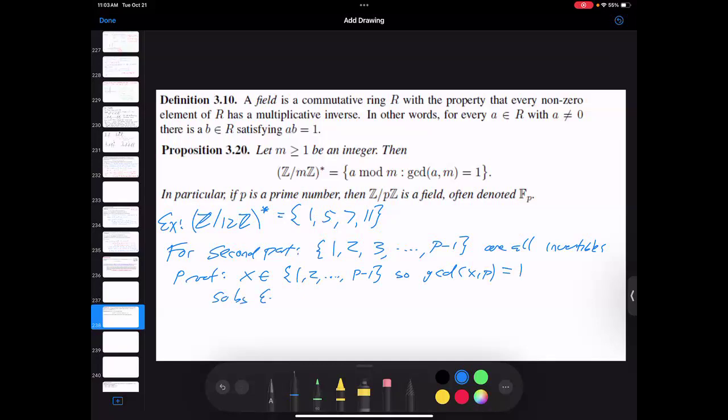So by the Euclidean algorithm, there exist A and B such that AX plus BP equals 1. So what is AX congruent to mod P? If AX plus BP equals 1, what is AX congruent to mod P?